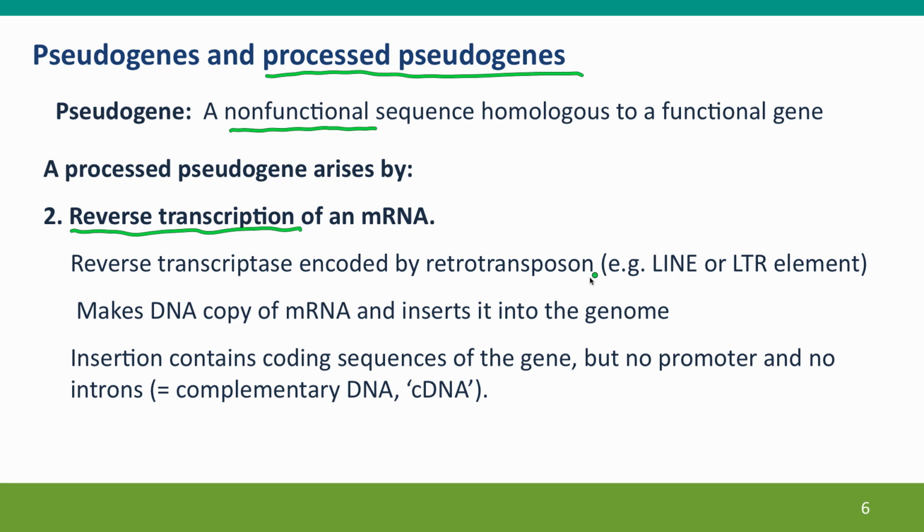Reverse transcriptase, encoded by a LINE element or an LTR element, another kind of functional retrotransposon, can make a DNA copy of any messenger RNA that has a recognition sequence. And just by chance, many messenger RNAs will sometimes be acted on by reverse transcriptase, even though they don't have a very good recognition sequence, or sometimes no recognition sequence at all. Here's what happens.